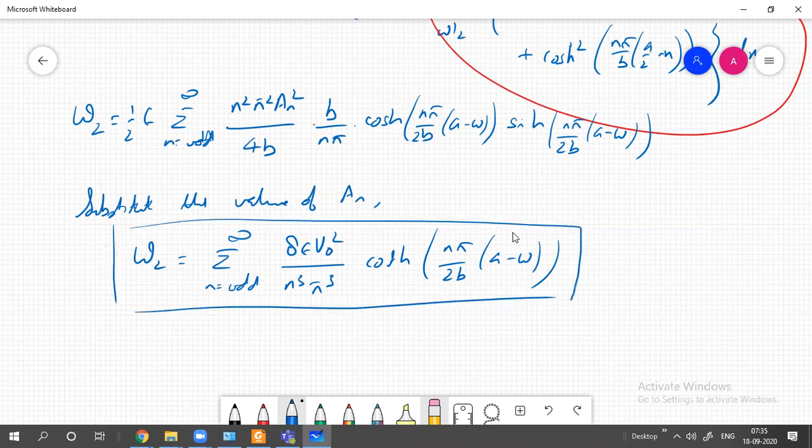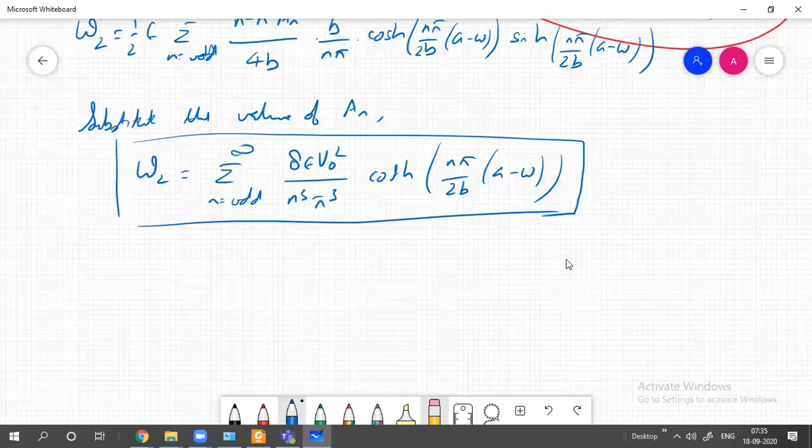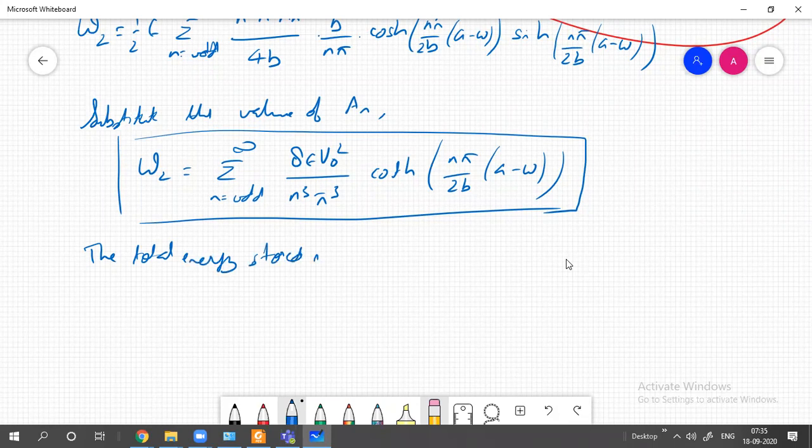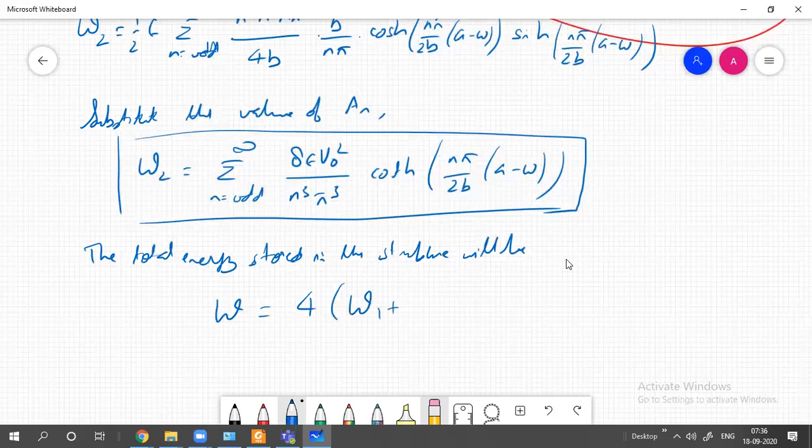Now we want to find out the total energy stored in the strip line. It is for one quadrant, so total energy, let's say W, will be 4 times (W1 plus W2).